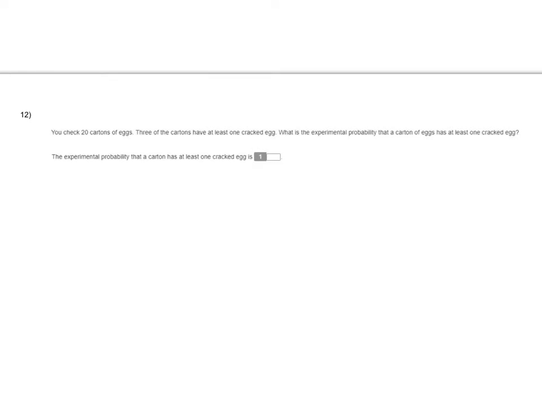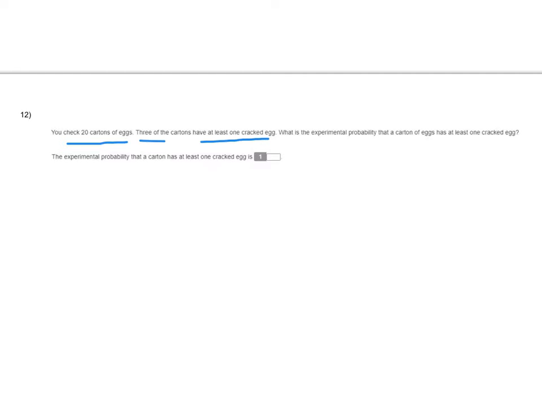All right, I know this problem's a little bit difficult to see, but I'll read it. You check 20 cartons of eggs. 3 of the cartons have at least 1 cracked egg. You want the experimental probability that a carton of eggs has at least 1 cracked egg.